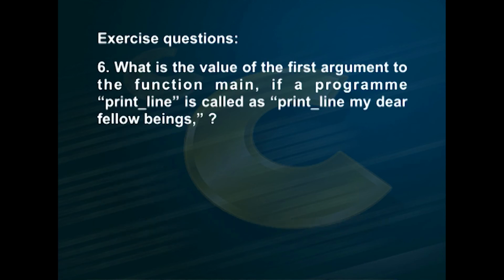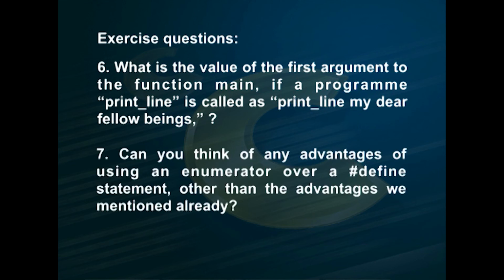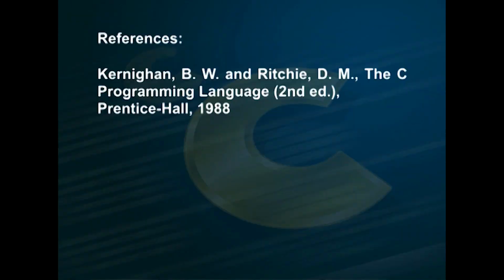What is the value of the first argument to the function main if a program print_line is called as print_line my dear fellow beings? 7. Can you think of any advantages of using an enumerator over a #define statement other than the advantages we mentioned already?